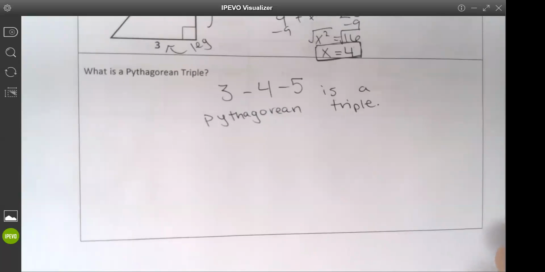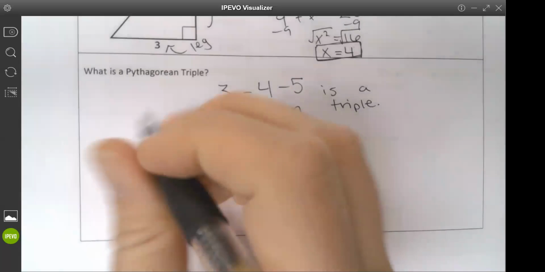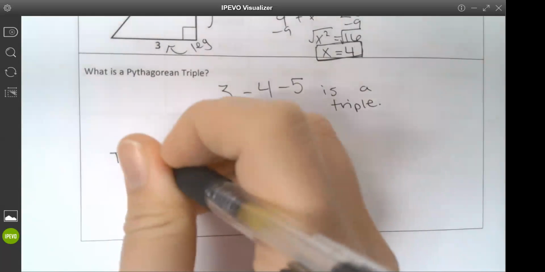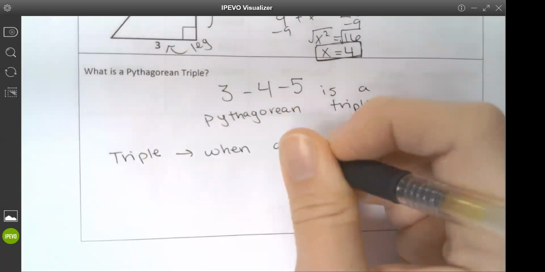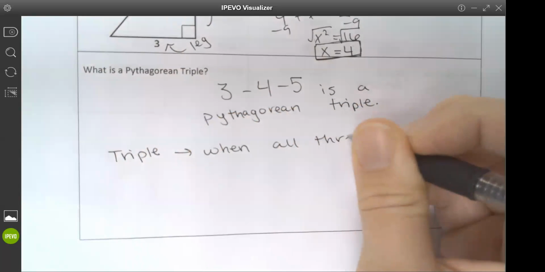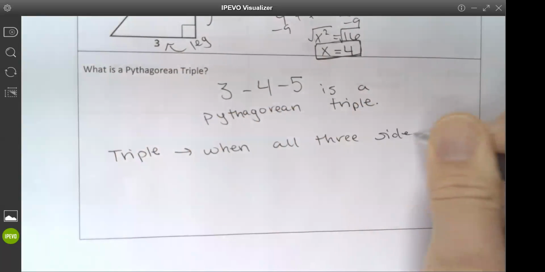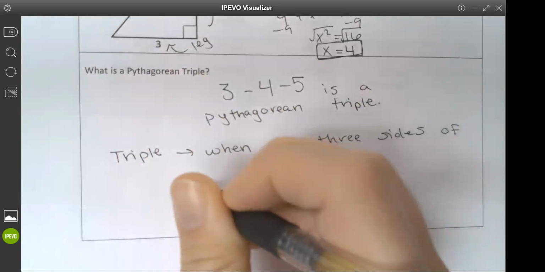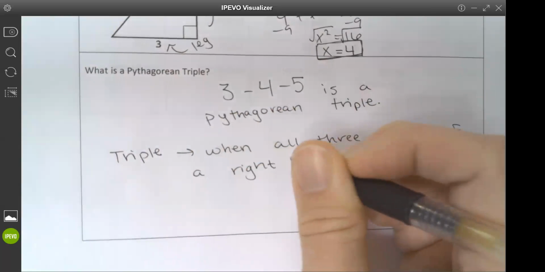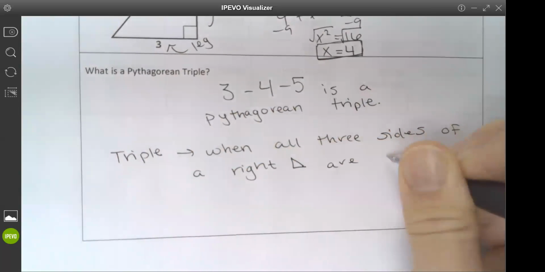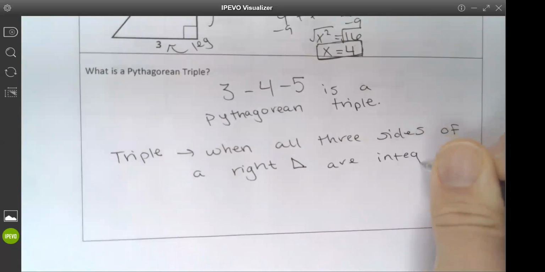An example of a Pythagorean triple. A triple happens when all 3 sides of a right triangle are integers.